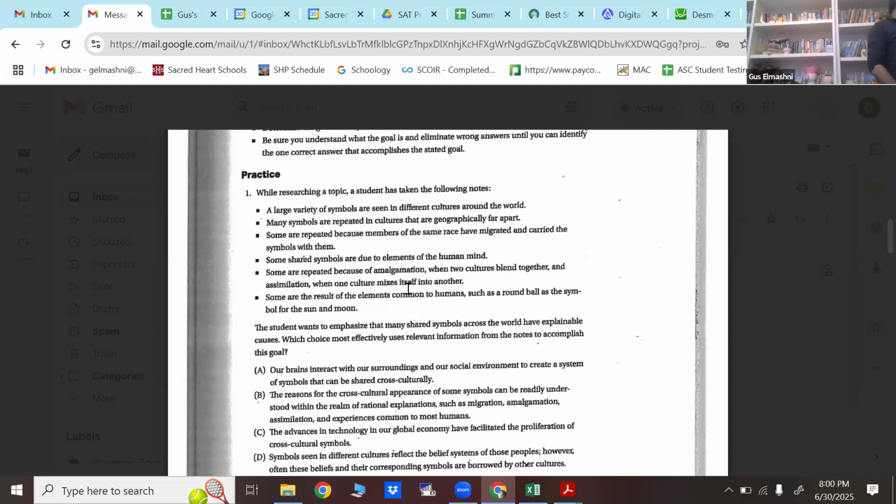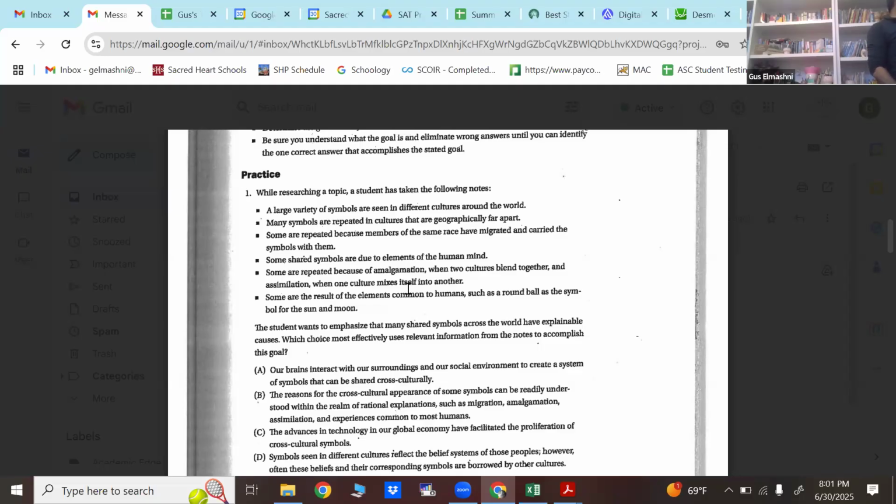Some are the result of experiences common to humans, such as a round ball as a symbol for the sun and moon. They definitely explain the last bullet point. That's a shared symbol, a round ball, and it explains why it's shared.